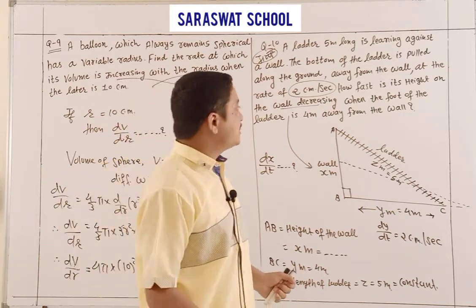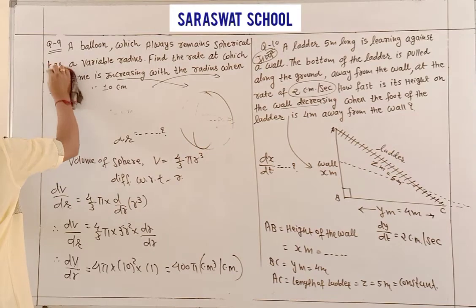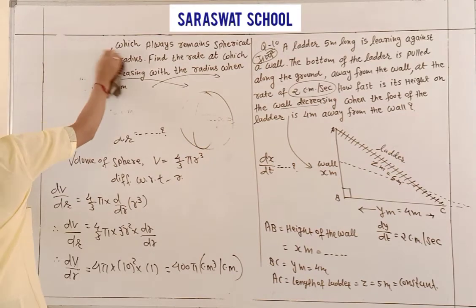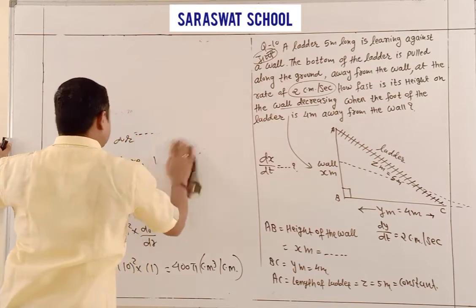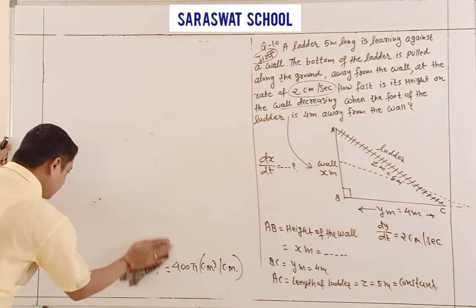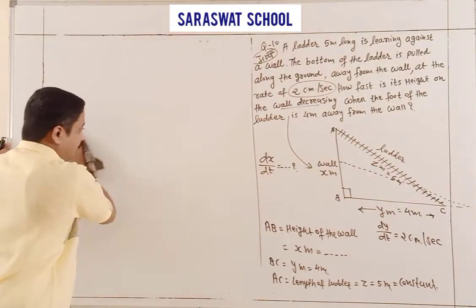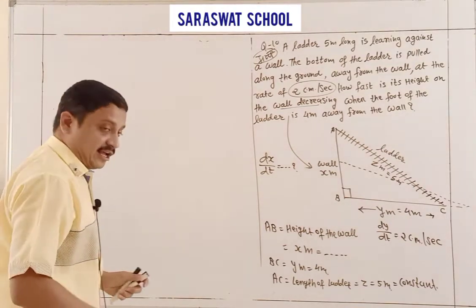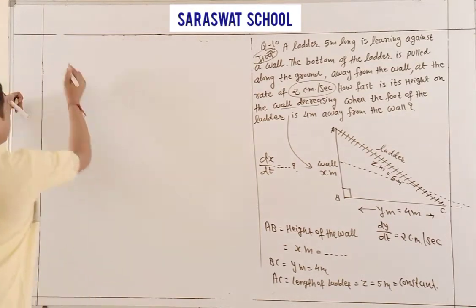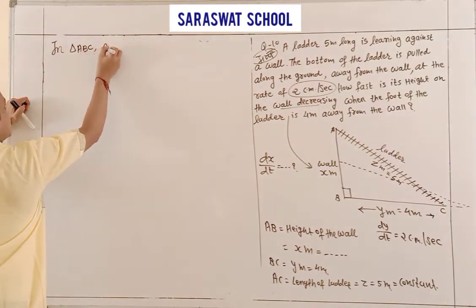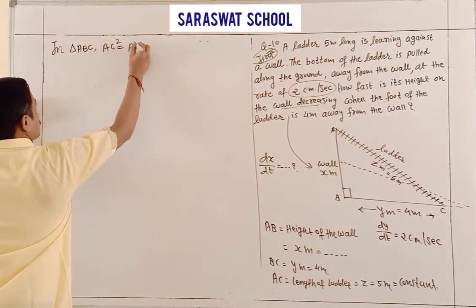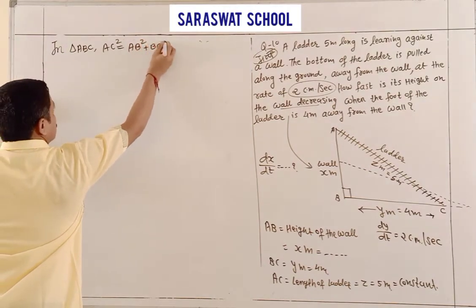Yes students, now I use Pythagoras and find out the height of the wall. After that, we can easily take our derivative. So, in triangle ABC, AC square is equal to AB square plus BC square.